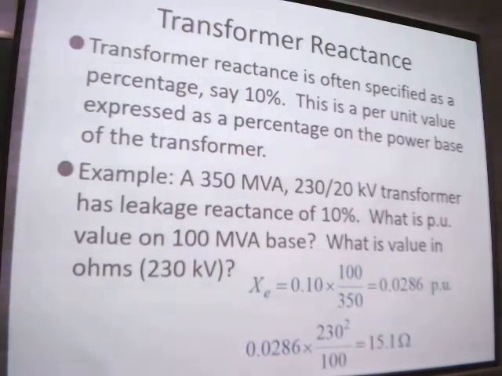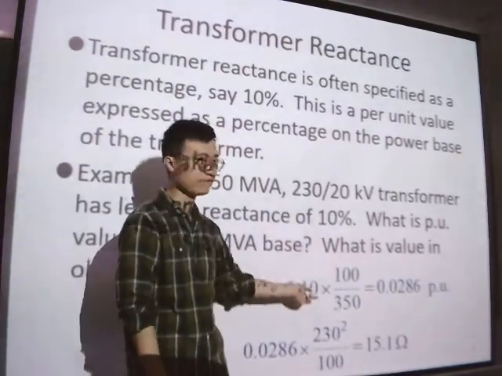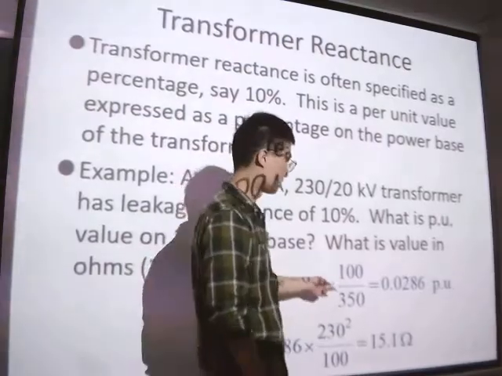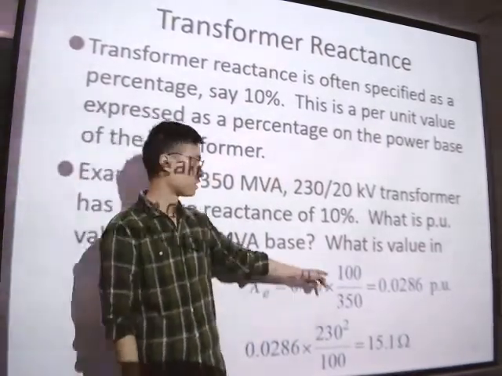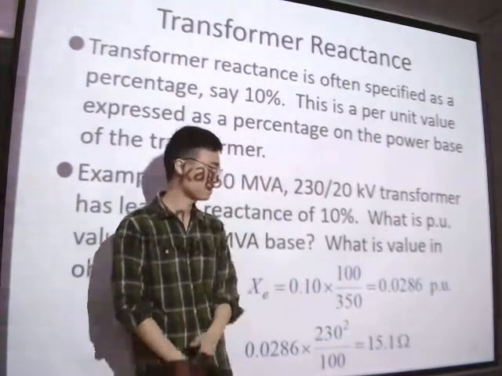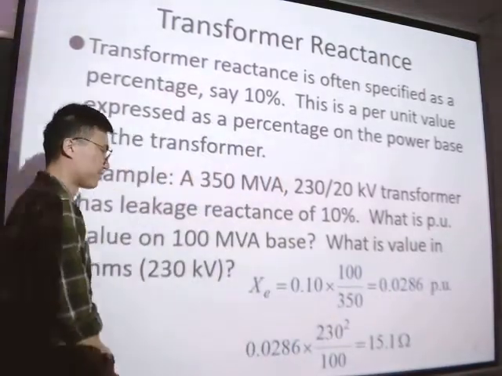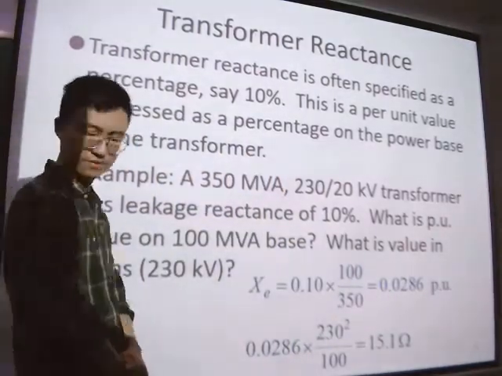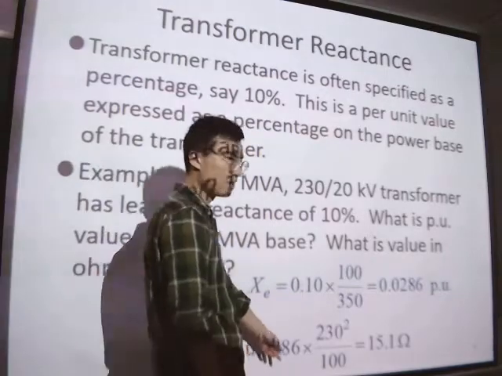You can easily match the original per unit value of the leakage reactance. So this is the new per unit value with the new system, right?